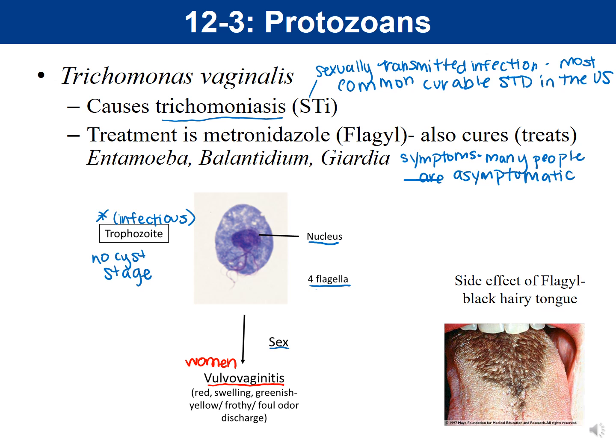So that is an inflammation of the vulva or parts of the vagina. So symptoms are going to be itching, burning, redness, right? Redness or soreness of the genitals. Discomfort with urination.